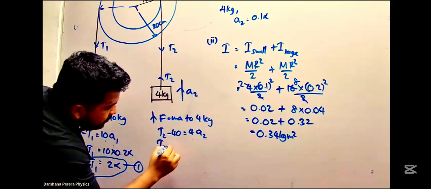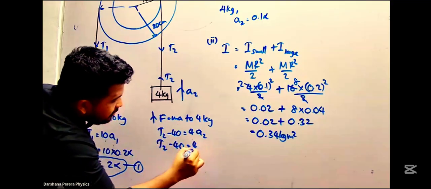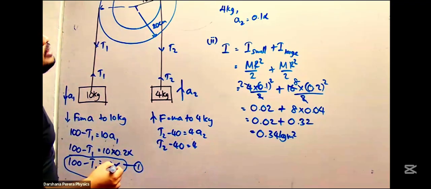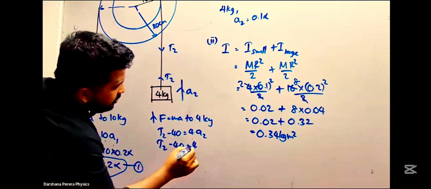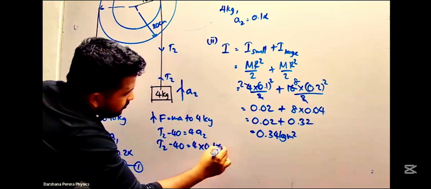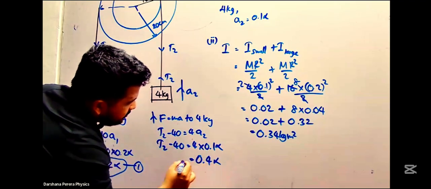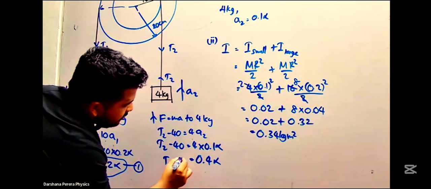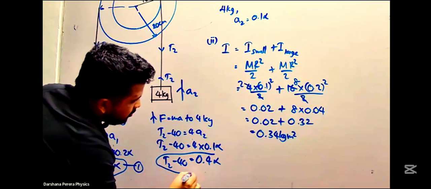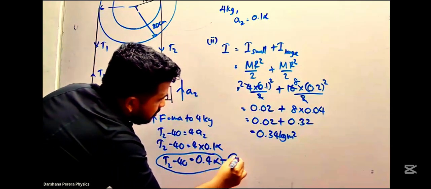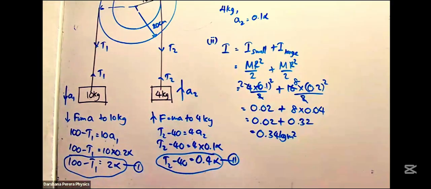Then it also can be applied to the 4 kg: 4 into A2, where A2 means 0.1 alpha. So 0.4 alpha equals T2 minus 40. That is equation number 2.